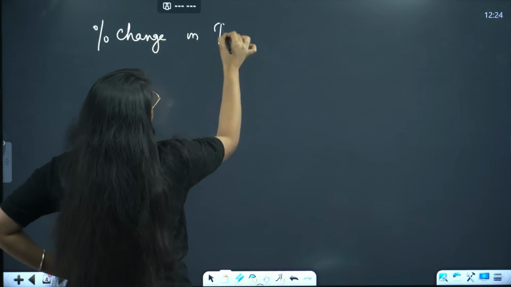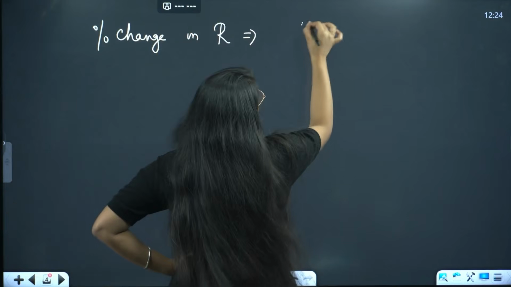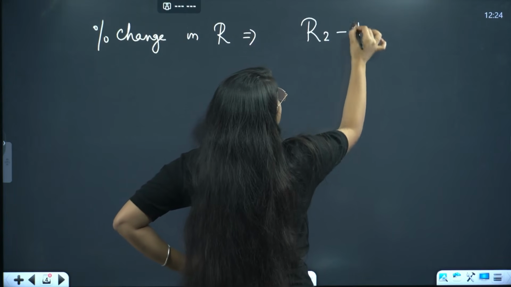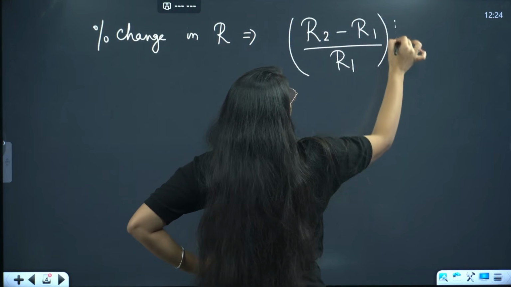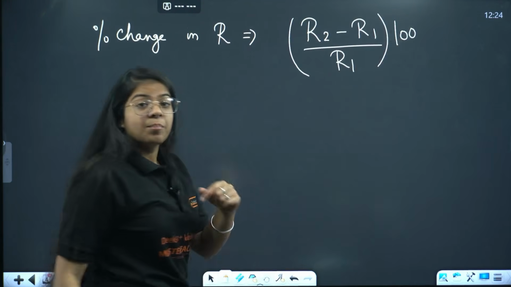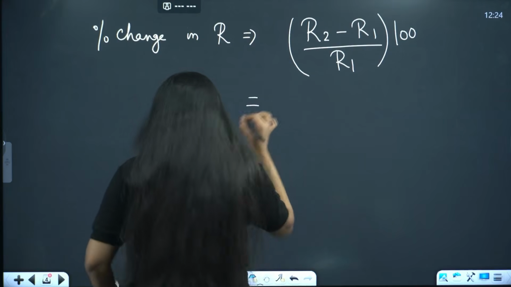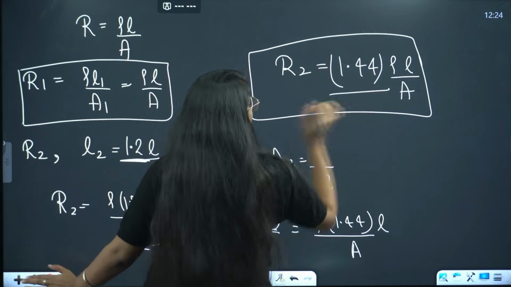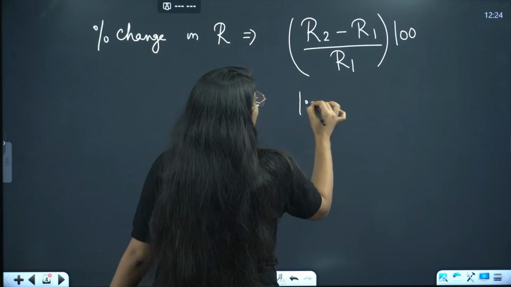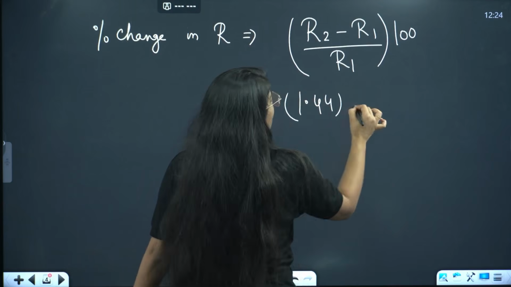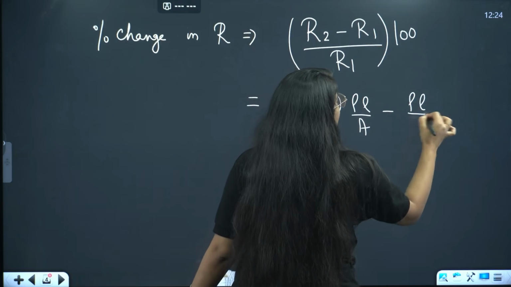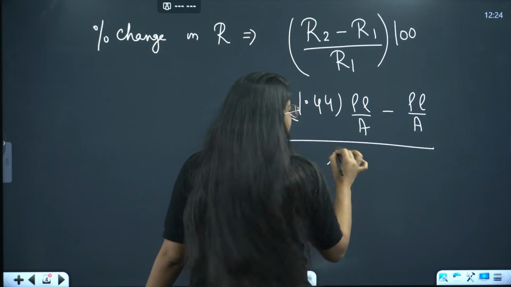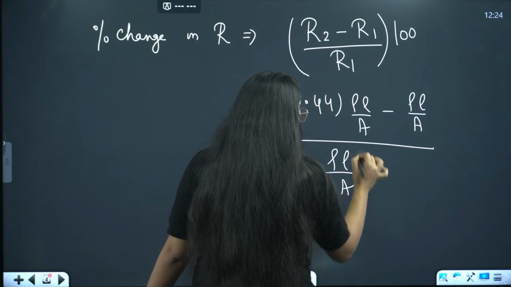Percentage change in resistance, that is what? The formula is R2 minus R1 divided by R1 into 100, since it is percentage, right? Now R2 is 1.44 into rho L by A, minus R1 which is simply rho L by A, and in the denominator we have rho L by A, right?